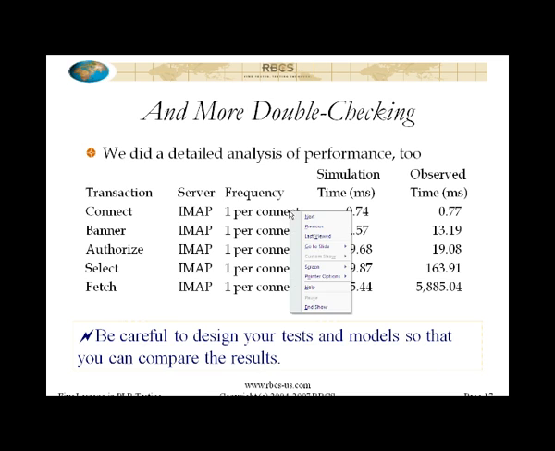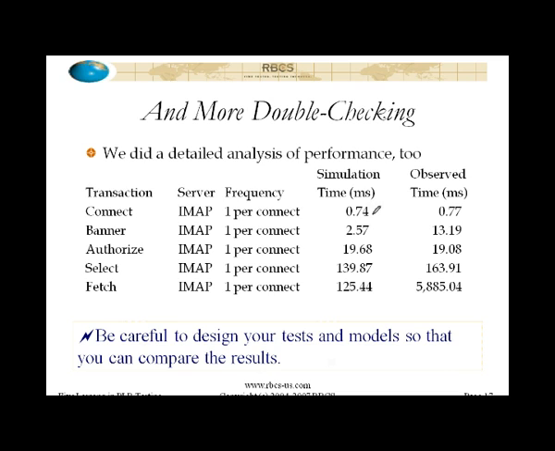And not only were we able to do this at a high level in terms of resource allocation, we were able to drill down to the individual IMAP transactions that were being carried out, and look at what's the simulation versus what's the test observation.